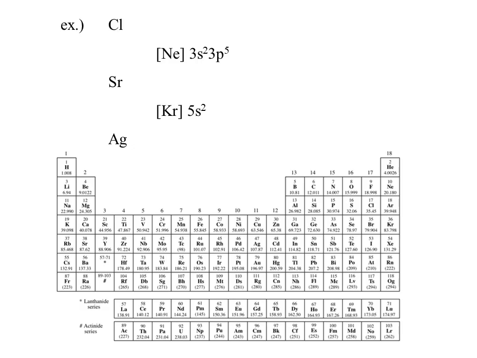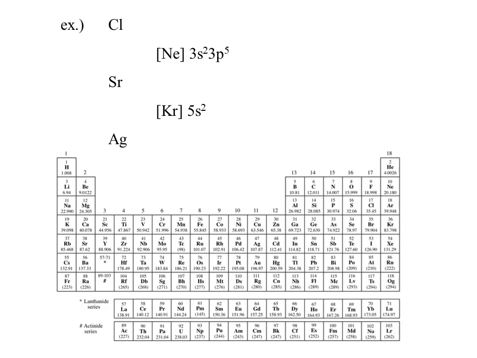And you see how we got that, right? Before strontium is krypton. That's the noble gas that comes before it. So I write krypton in brackets. And then after krypton is the fifth period, 5s2. And then we're at strontium, we're done. So we can do this for any of these, okay? So any element can work, and it shortens up things and makes it a lot faster to do.